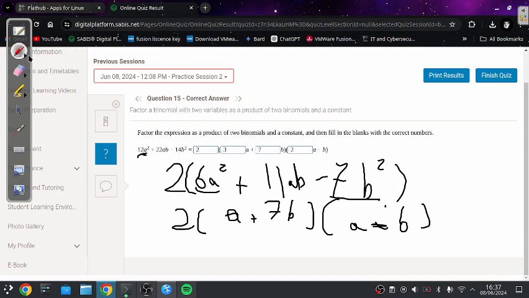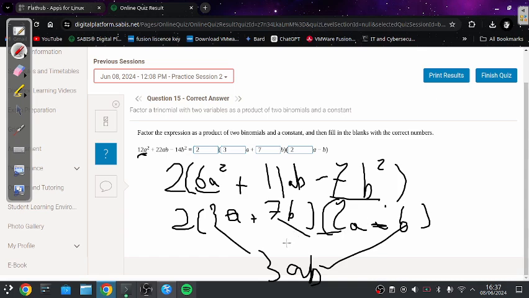Removing this because it's irrelevant. You need now 2 numbers that would give you 6. So this would be 3 and 2. You check 3ab into 14ab.